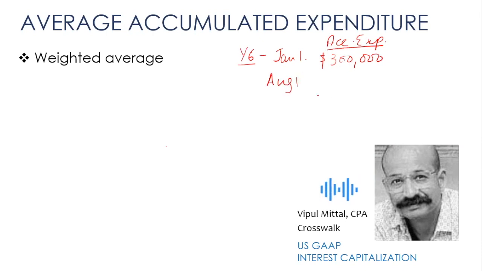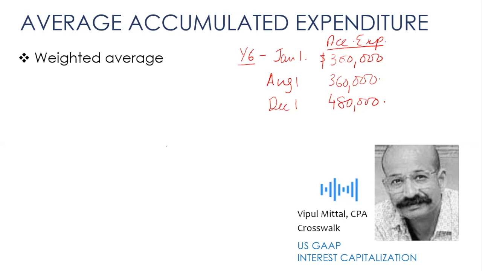So your total accumulated expenditure becomes $360,000. All right. You spent another $120,000 on December 1. So it becomes $480,000.